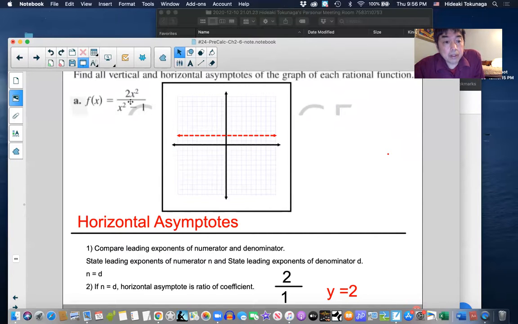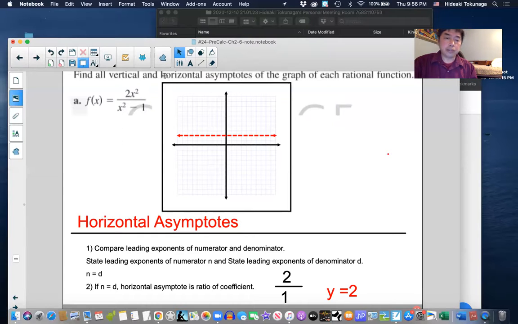Now, this process you have to do before you factor anything in the numerator or denominator and compare it. Now, as you see, there is a difference of squares right here in the denominator.